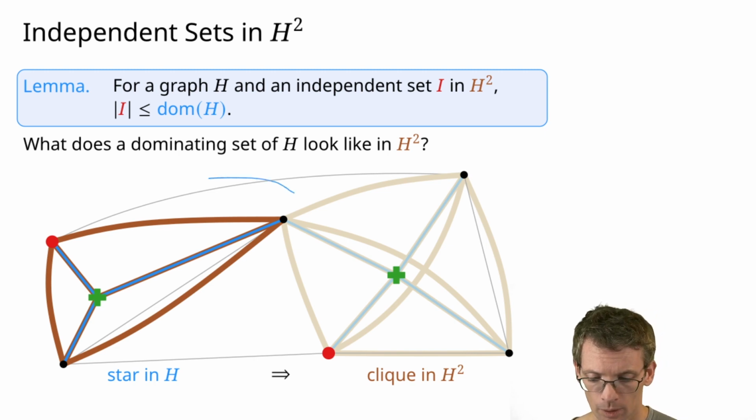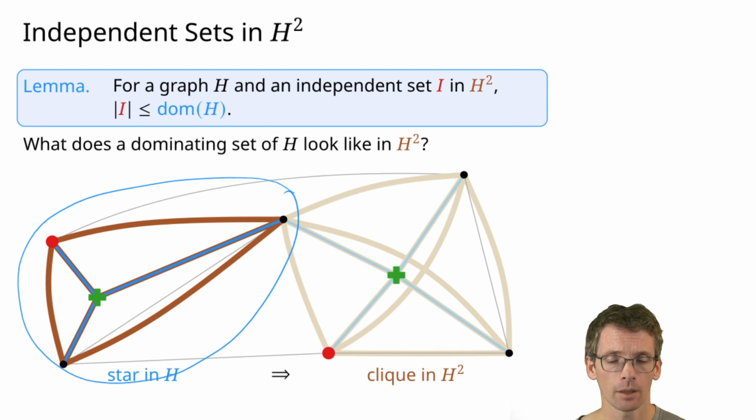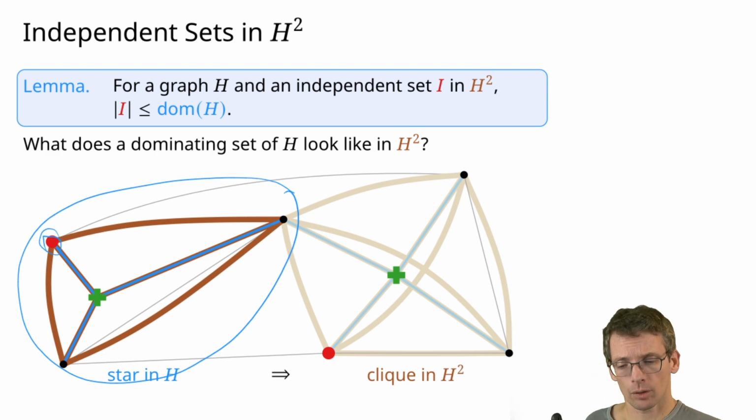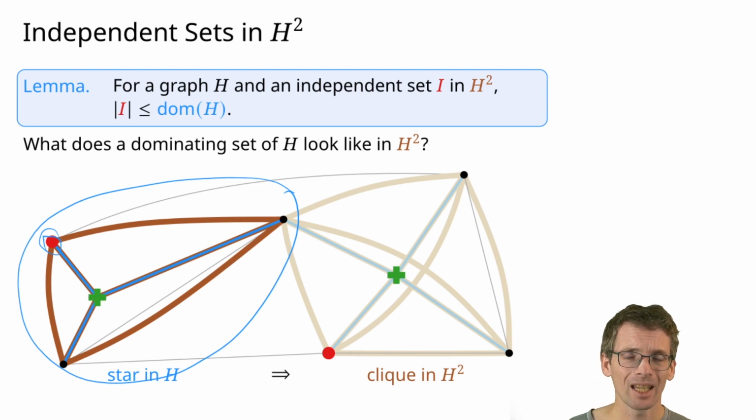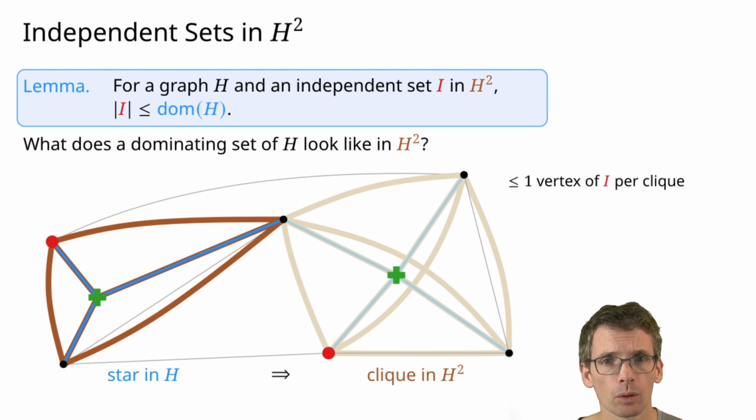So here I consider a clique. And obviously, as soon as I have picked one vertex in that clique for my independent set, because it's a complete graph, this vertex is adjacent to all other vertices in the clique, so none of the other vertices can be selected. So for each of these cliques, I can have at most one vertex in my independent set I.